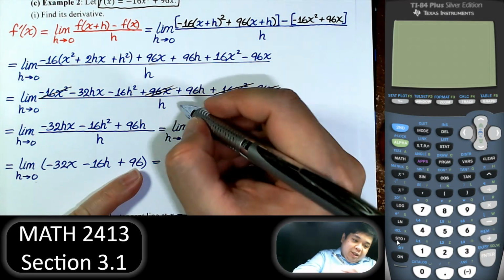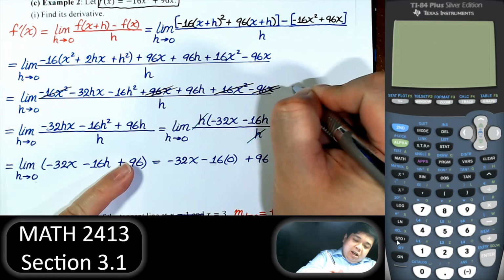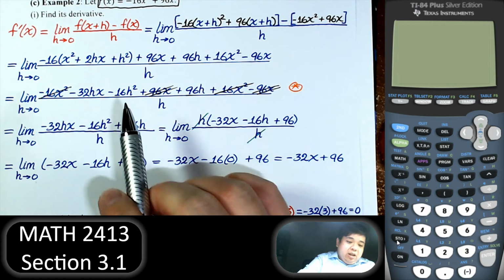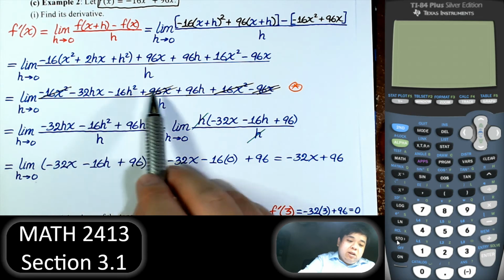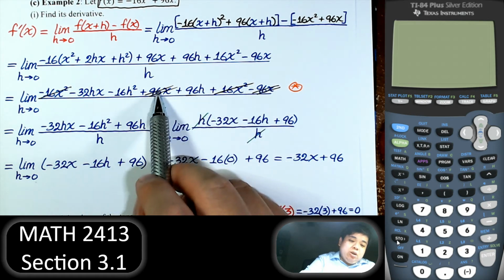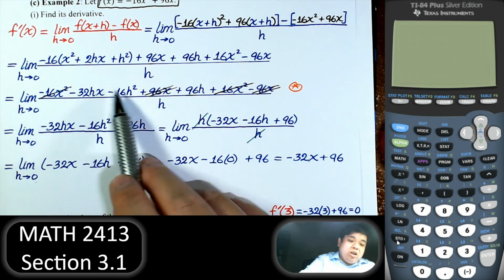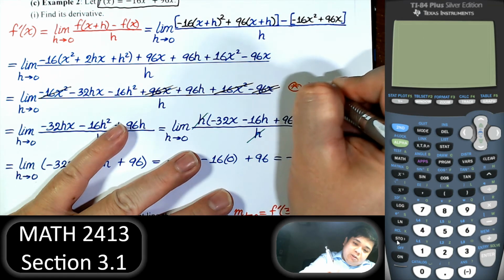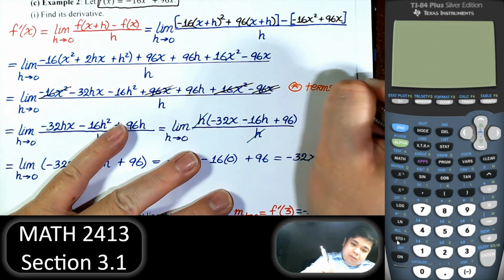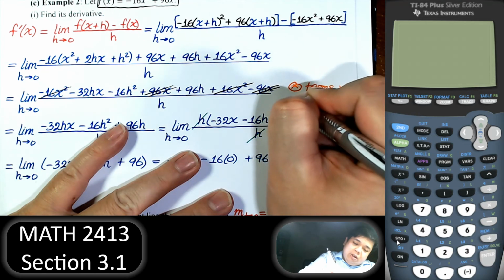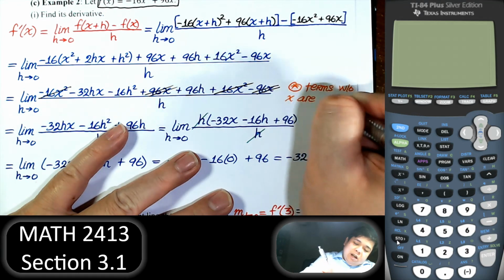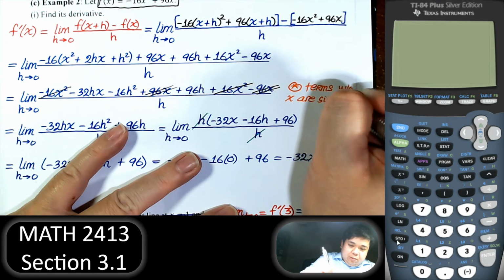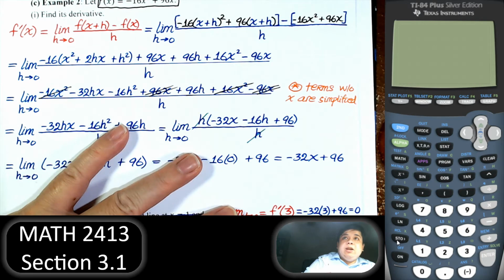So the first note we see here is, if it is done correctly, everything without an h cancels. The terms with an h will remain. So terms without h are simplified. That's the first step.